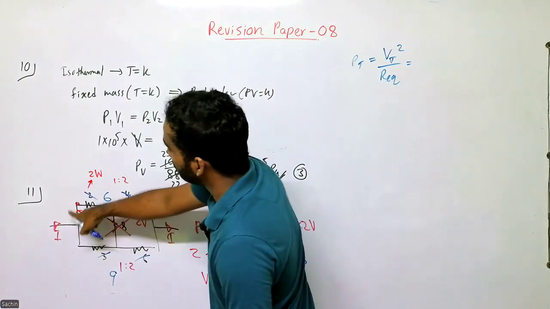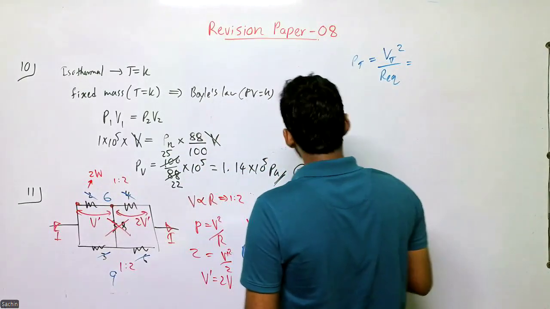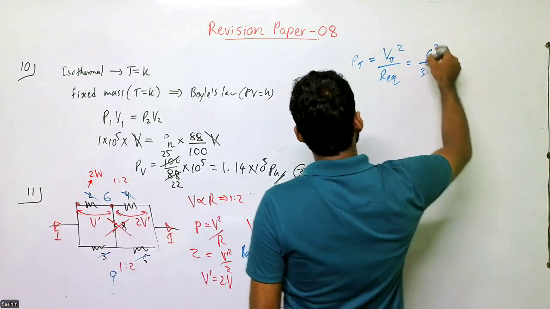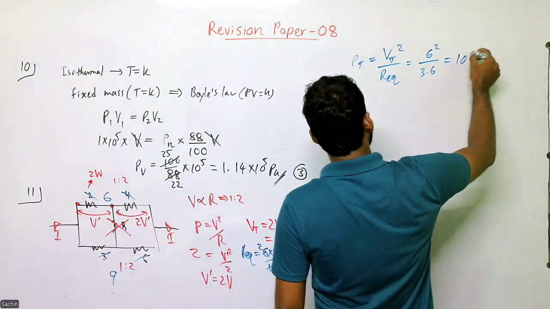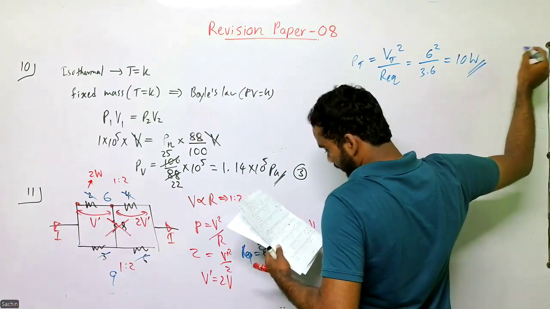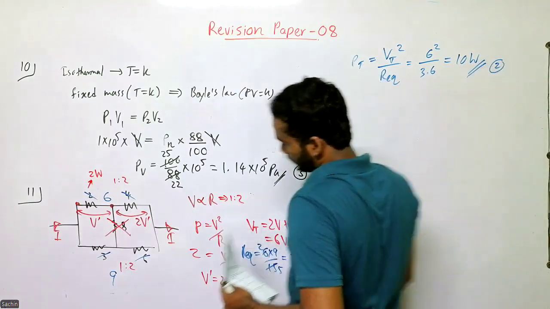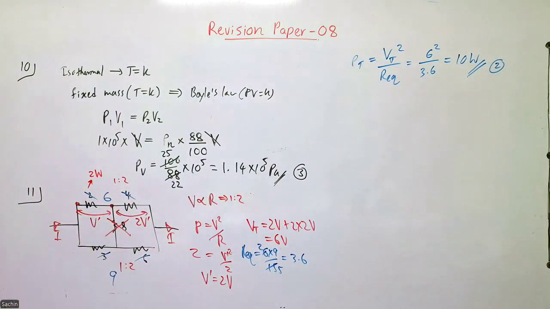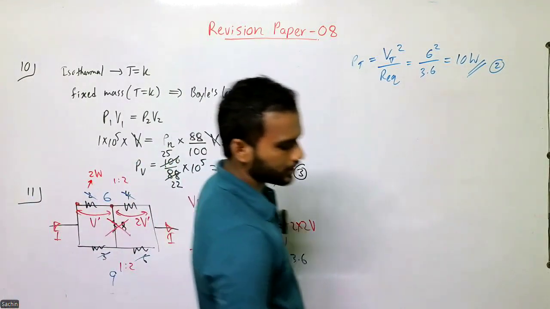The total voltage supplied at the ends, we found to be 6. 6 squared is 36, divided by 3.6 is 10 watt. That is given in the second answer. Okay, that is also a good part. Simple, but still you have to understand certain things.